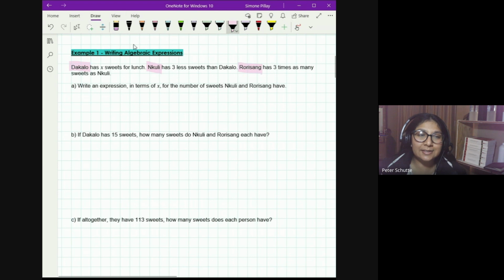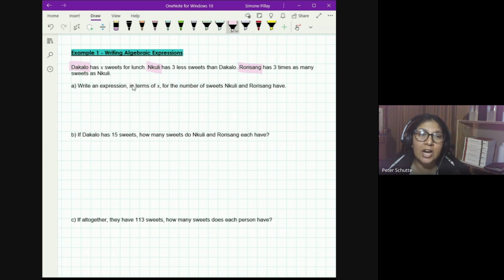But anyways, it says DeCarlo has X sweets. Mikuli has 3 less sweets than DeCarlo. Rory Sang has 3 times as many sweets as Mikuli.